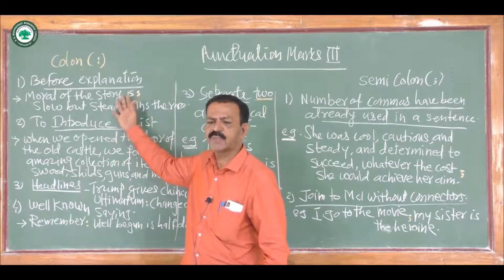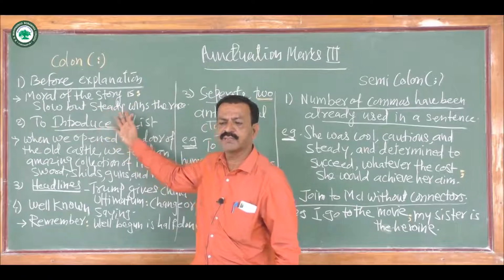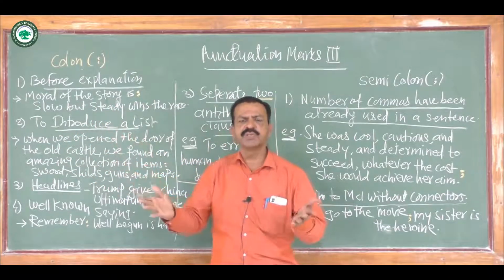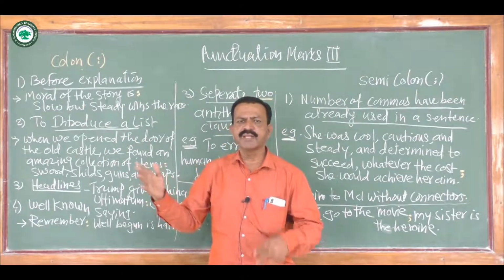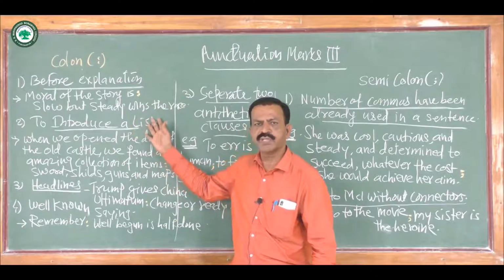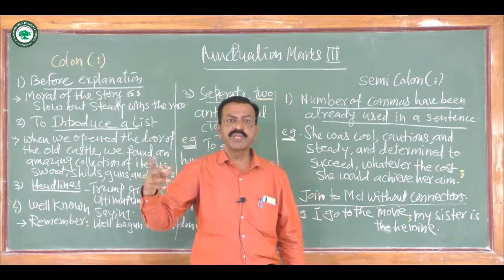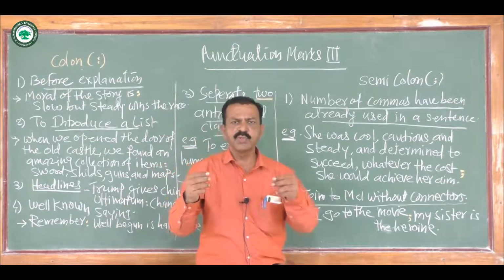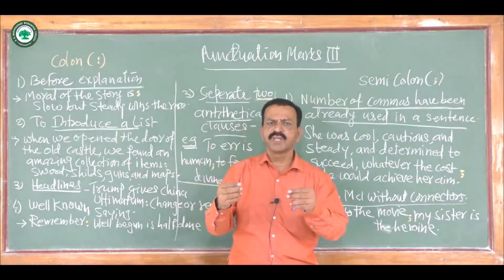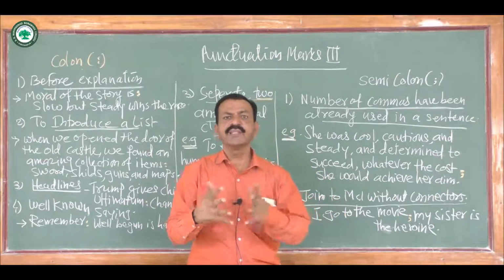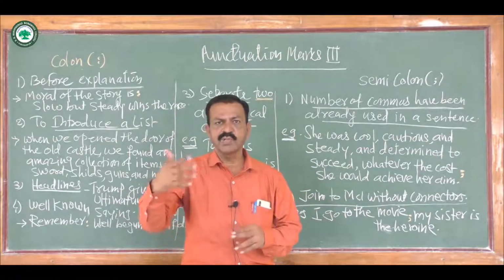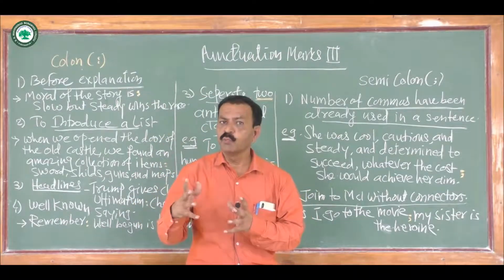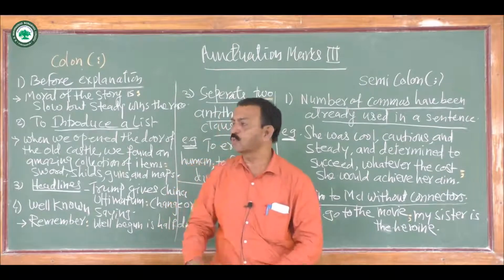For example, the moral of the story. Suppose you read a story and I say the moral of the story is slow but steady wins the race. Suppose you are reading the story of the hare and the tortoise and how the tortoise wins the race. Slow but steady wins the race is the moral of that story.